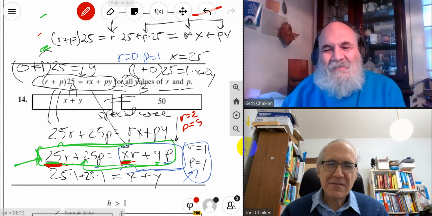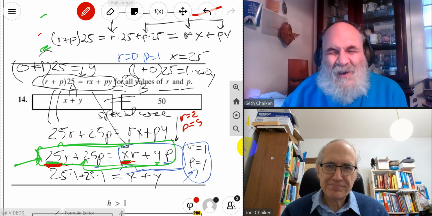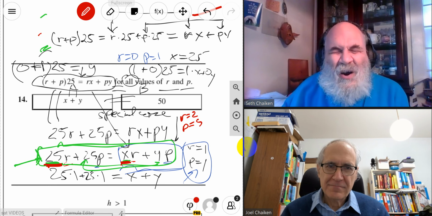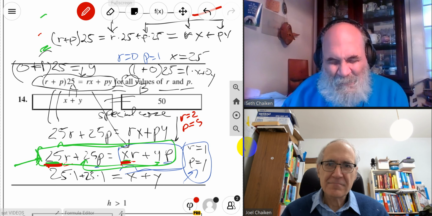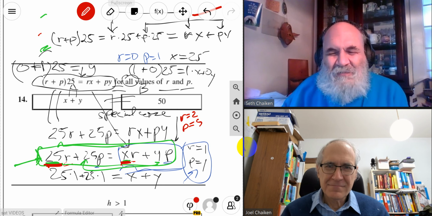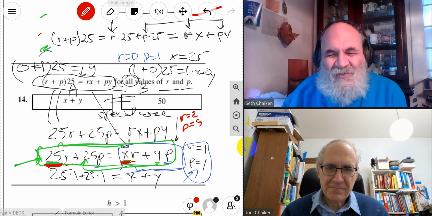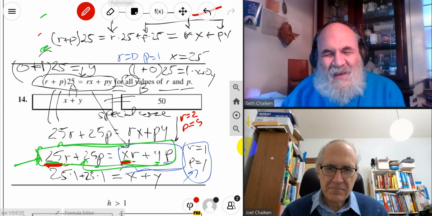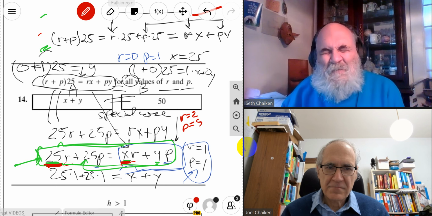So in this problem, the variables are R and P. And as a result of the properties of an equation, one equation and two unknowns, where the variables are R and P, you could derive what the constants are. And the unknown constants are x and y.